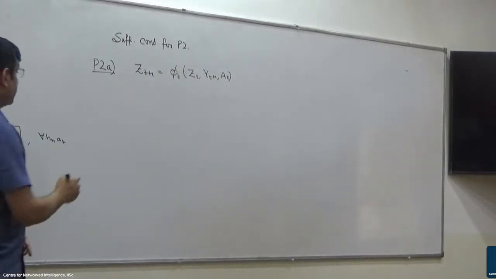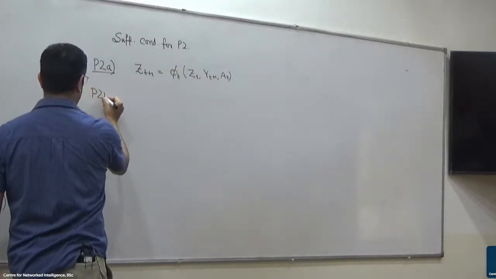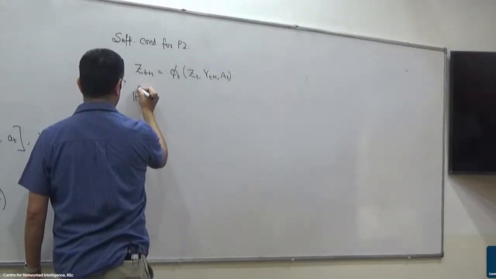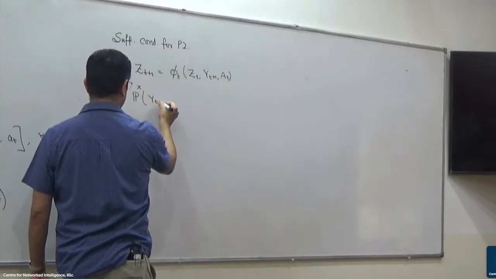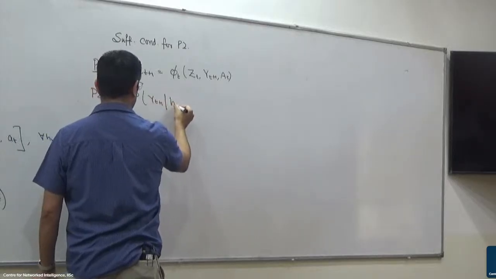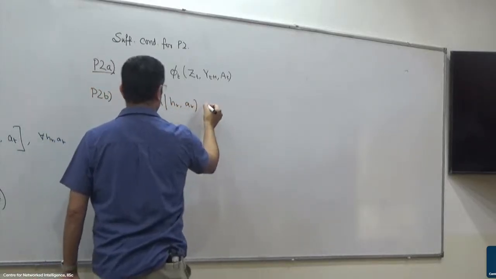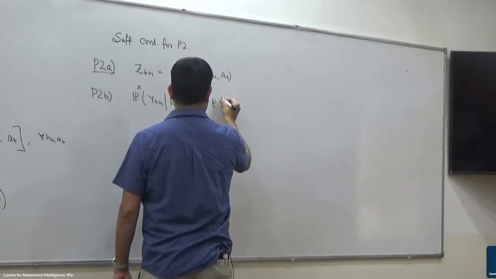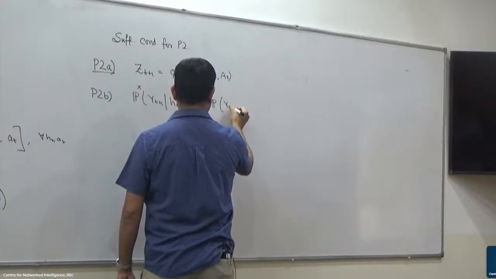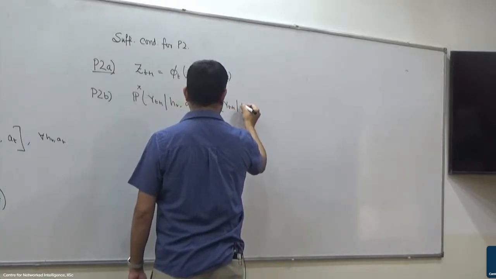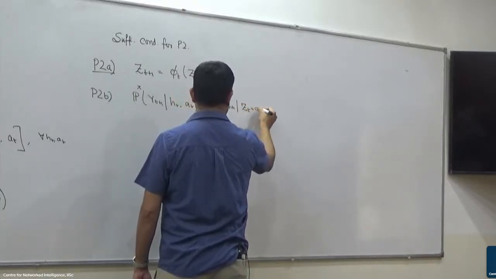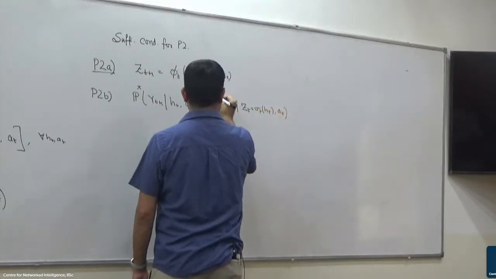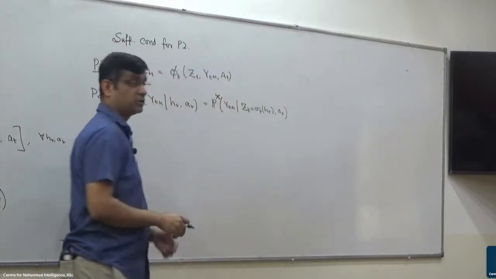And second, that when I look at the probability distribution of Y_{t+1} conditioned on H_t and A_t, that is equal to the probability distribution of Y_{t+1} conditioned on Z_t equals this, and this thing should not depend on the policy.